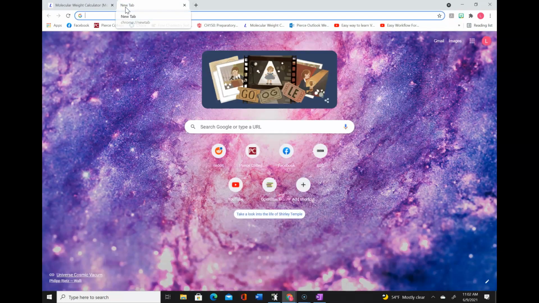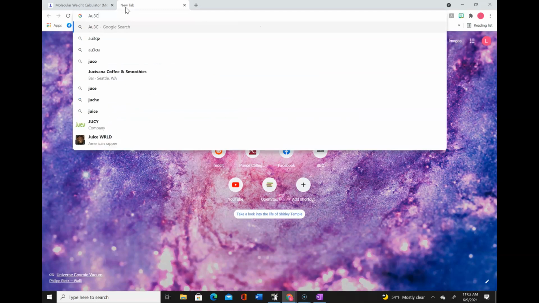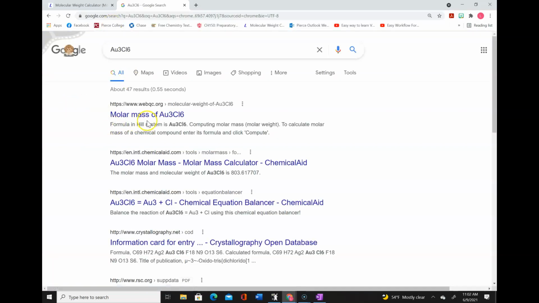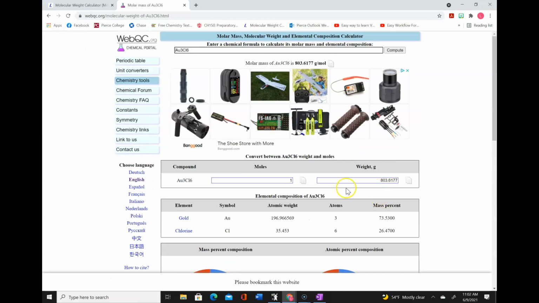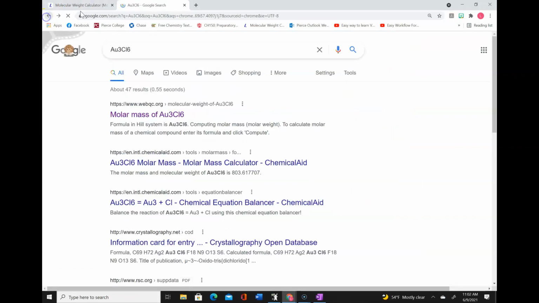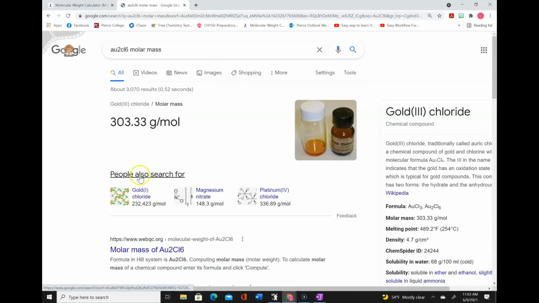A good example of this would be Au2Cl6. Google says the molar mass is 303.33 grams per mole, right?